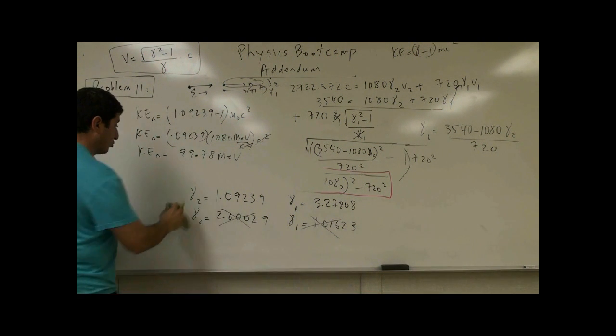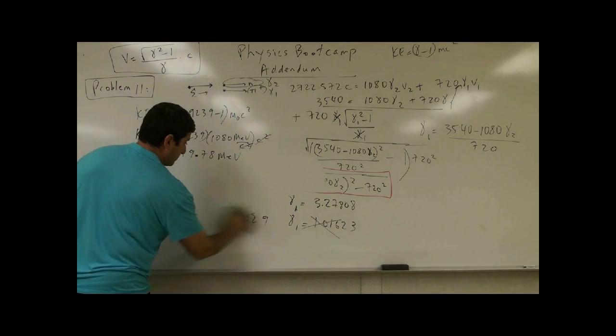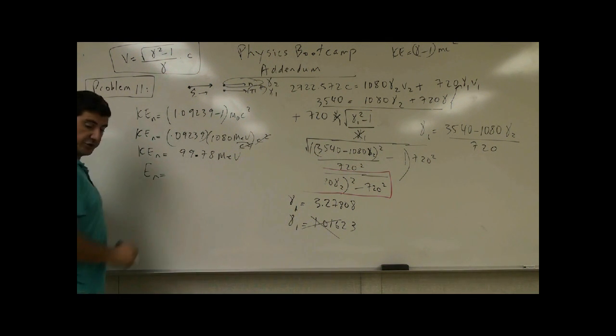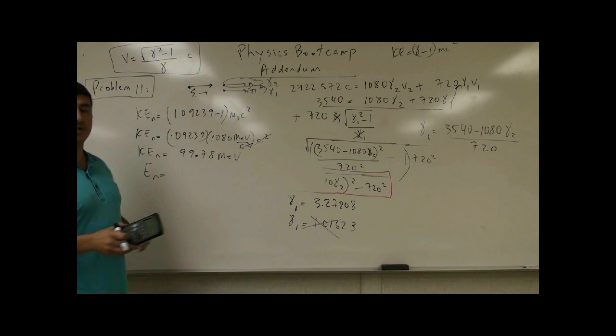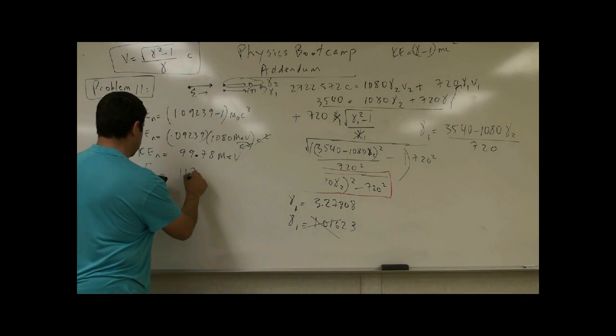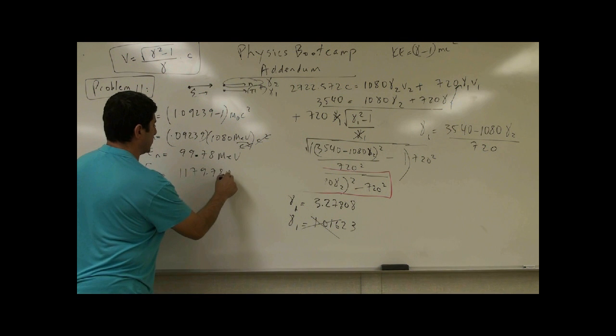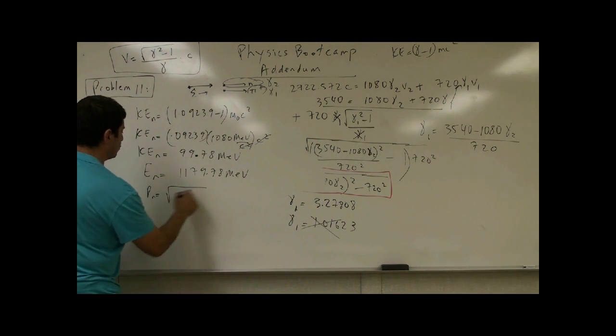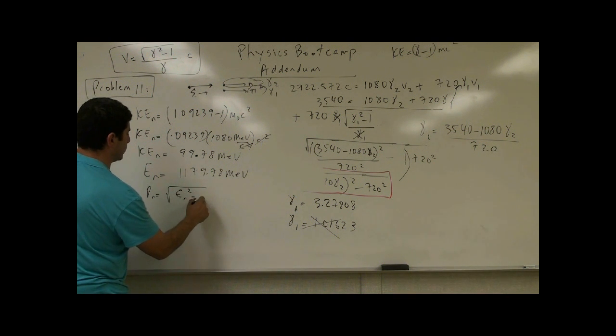Then if you want to calculate the total energy of the neutron after the collision, you add its rest energy to that. So 1080 plus 99.78, you get 1179.78 mega electron volts.